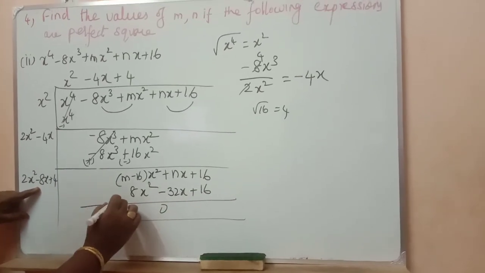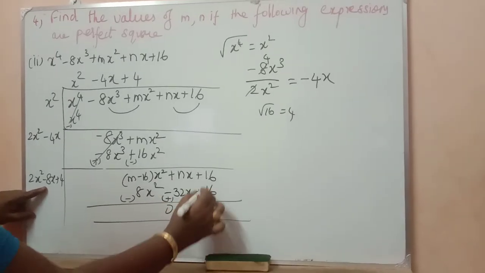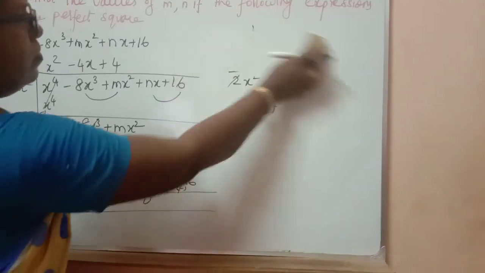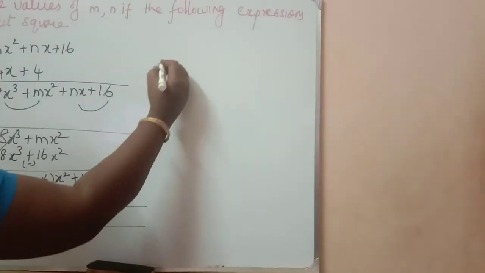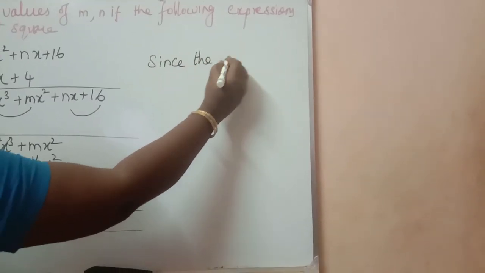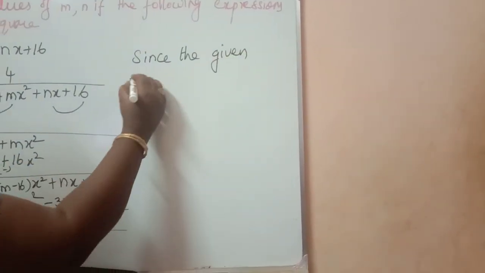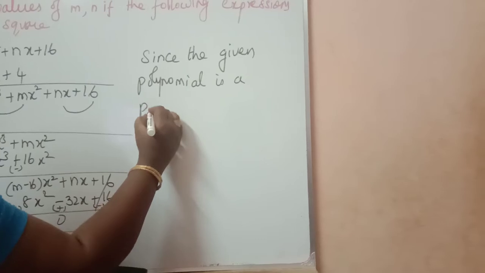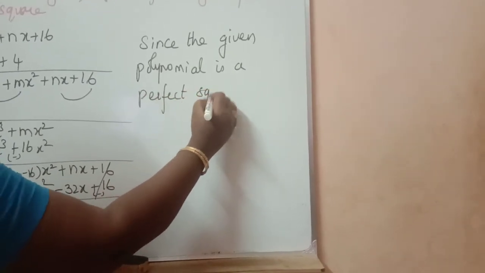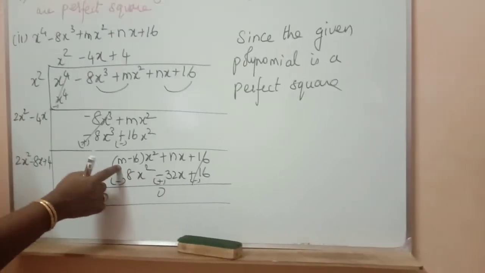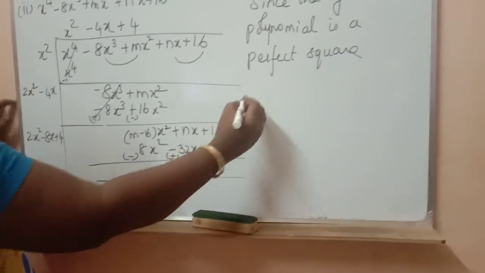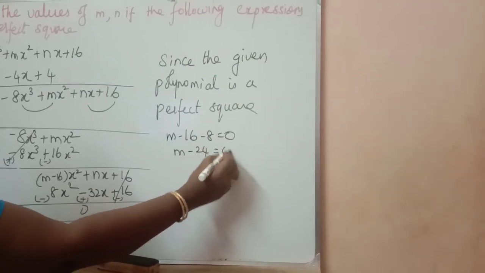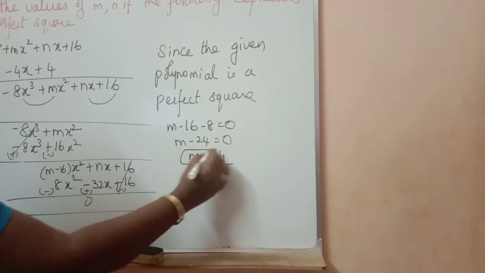It is given that it is a perfect square. Change the sign, it becomes 0. Now since the given polynomial is a perfect square, see here m minus 16 minus 8 is equal to 0. m minus 16 minus 8 is equal to 0. m minus 24 is equal to 0. m is equal to 24.